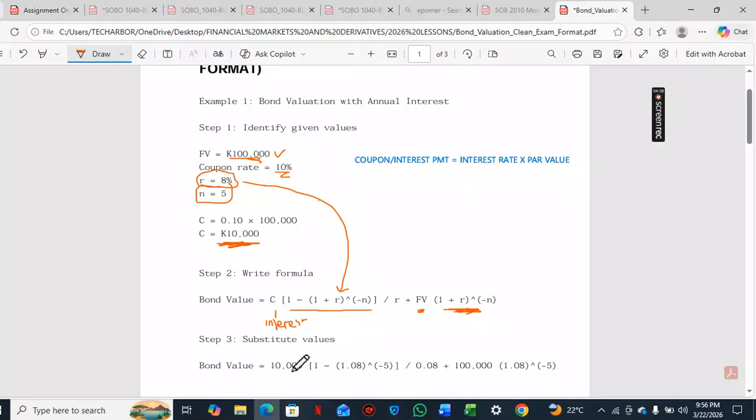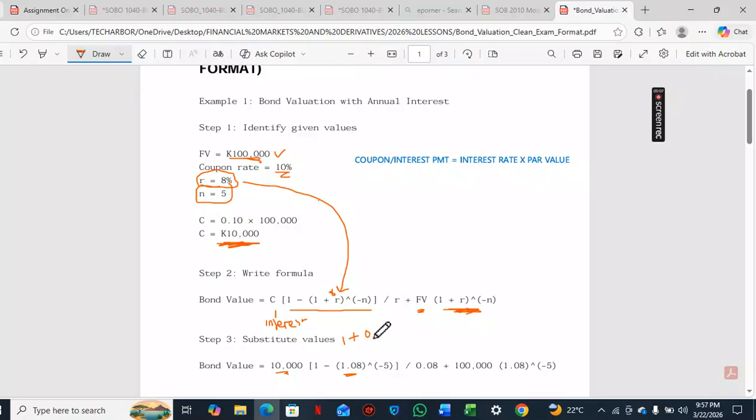So as you can see here, 10,000 multiplied by 1 minus open brackets 1 plus R. R here is 8%. 8% in decimal form is 0.08. That's how we've got this 1.08. We just added 1 plus the rate.